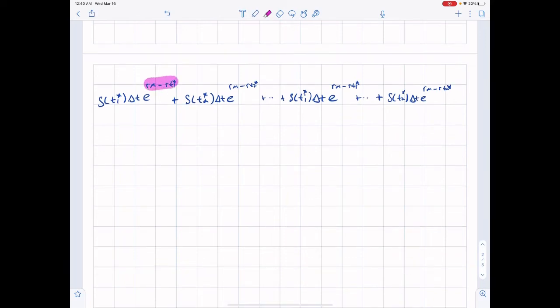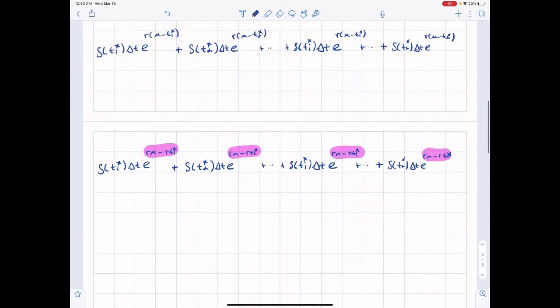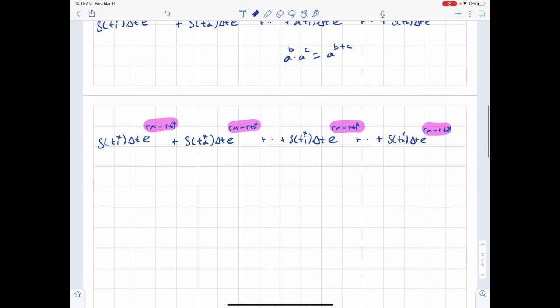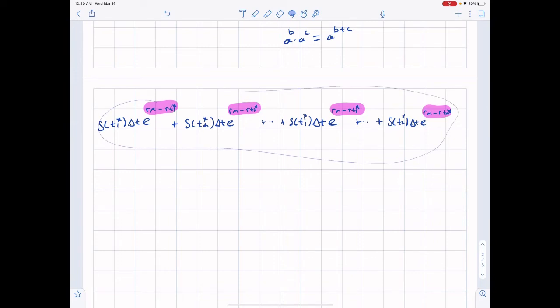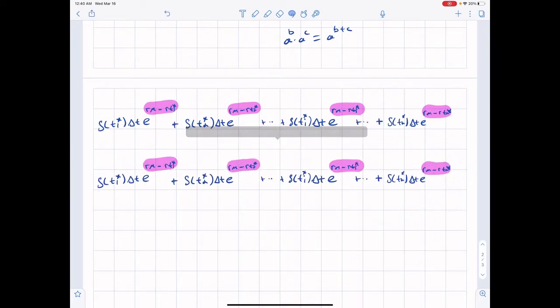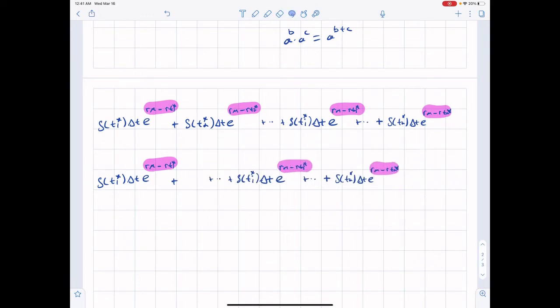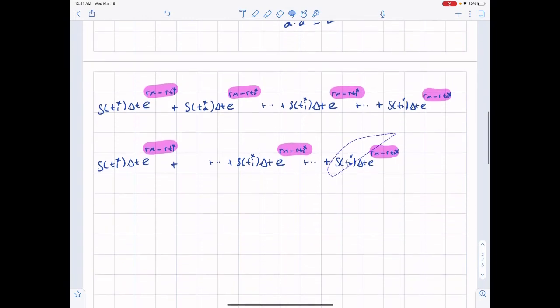And then I'm going to remember my exponent rules. Adding in the exponents is like multiplying the bases. I know that a to the power of b times a to the power of c is a to the power of b plus c, whether b or c are positive or negative. So I can simplify this yet again, and to save some space, I'm just going to forget about the t2. You get the idea of what's going on there with t1 through ti, the general middle term, all the way through to tn.